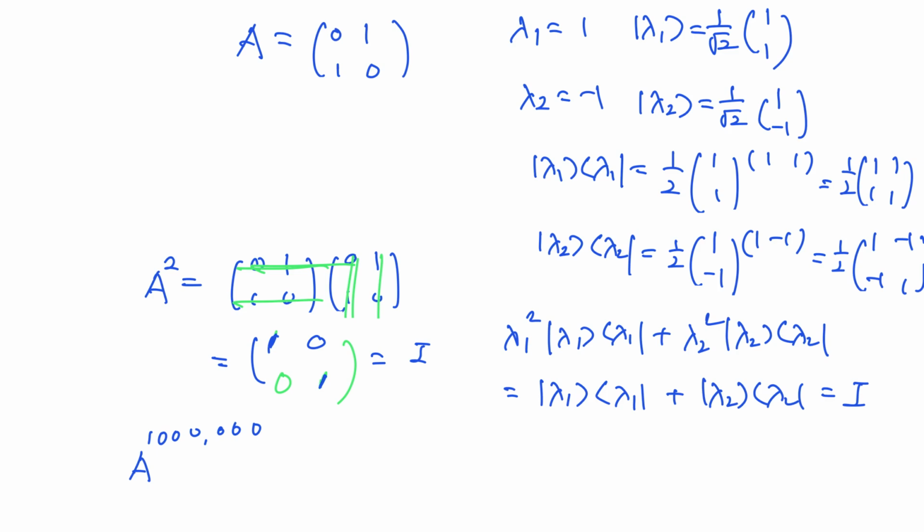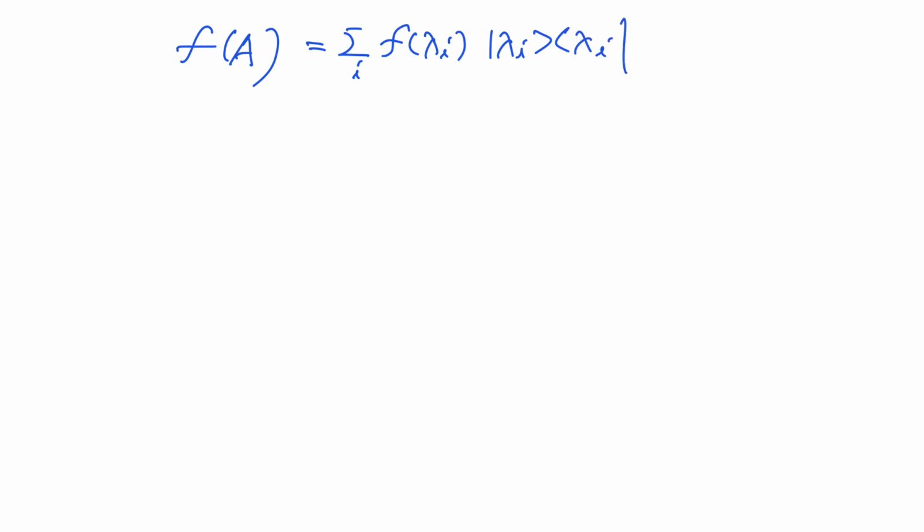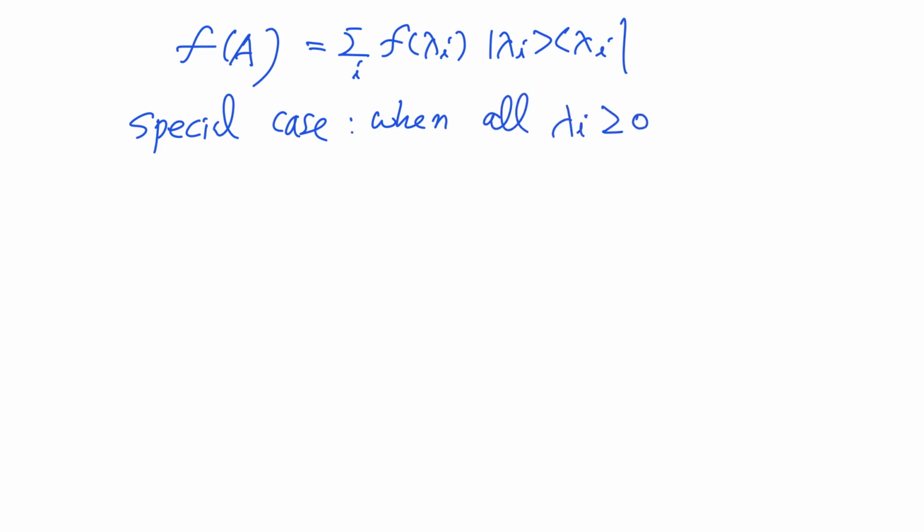It can also generalize. A general function of A can be written simply this way: the sum of I, F of lambda I. And a special case: when all lambda i's are greater than 0, that means A is a positive matrix.